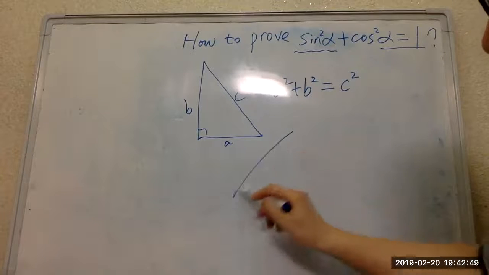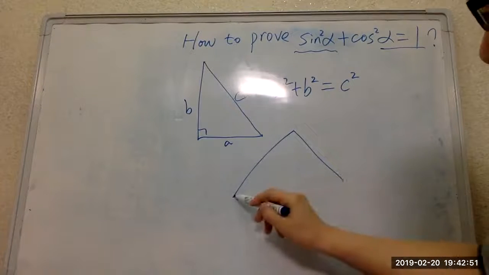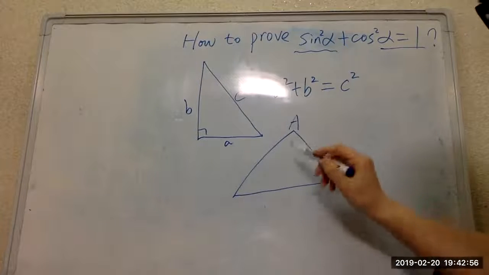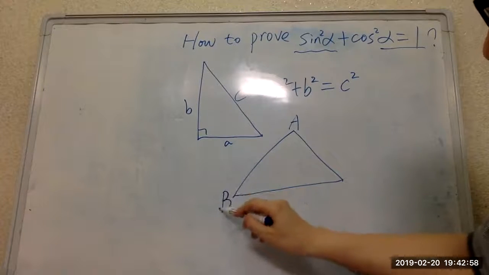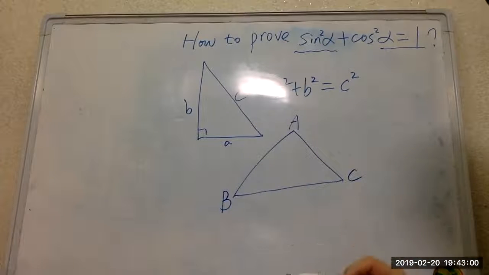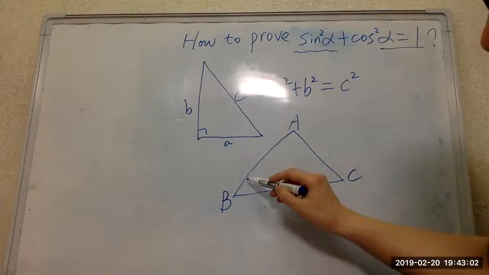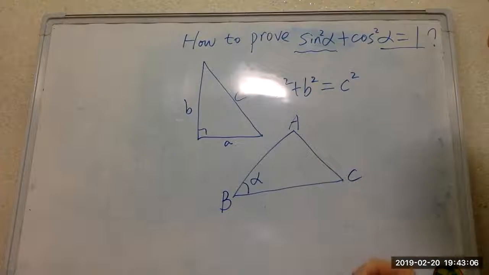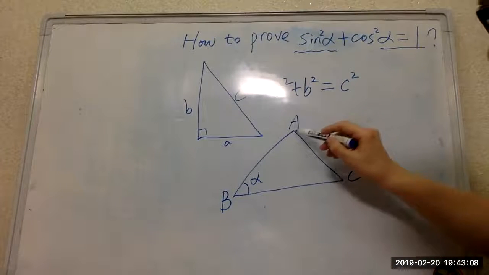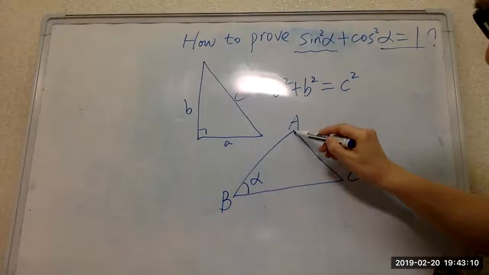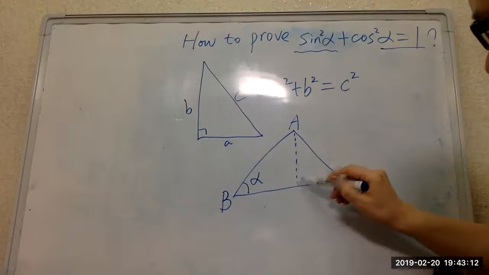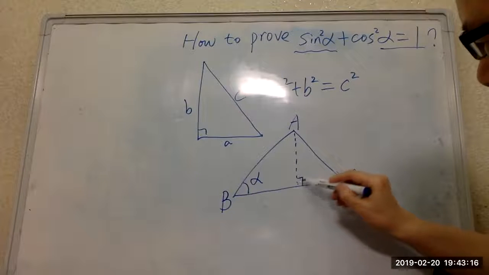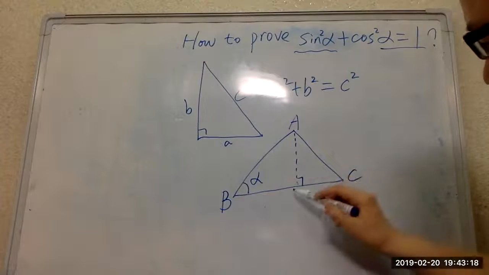For example, there is this kind of triangle with angles A, B and C. We can name the angle B as alpha, and from point A we draw a dotted line perpendicular to the bottom BC.